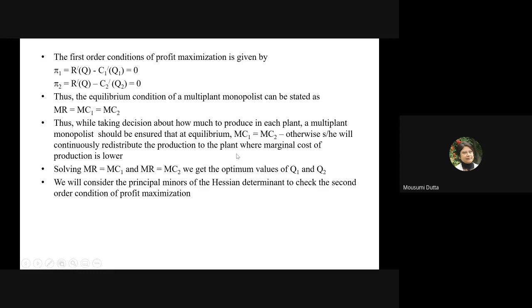Otherwise, the producer will continuously redistribute the production to the plant where marginal cost of production is lower. Now, this line is very important. We need to understand this point.